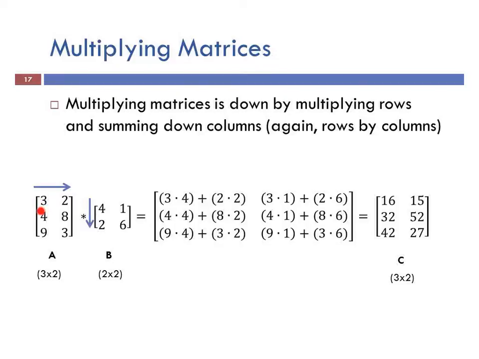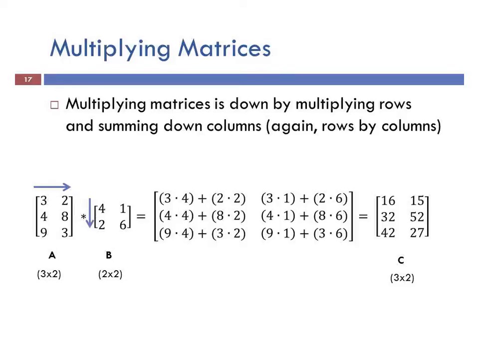First, we're going to take the 3 and multiply it by the 4. So I multiply by a row, and then I'm going to sum down a column, where I'm going to take the 2 and multiply by the 2. So this first element will be 3 by 4 plus 2 by 2, which results in 16.